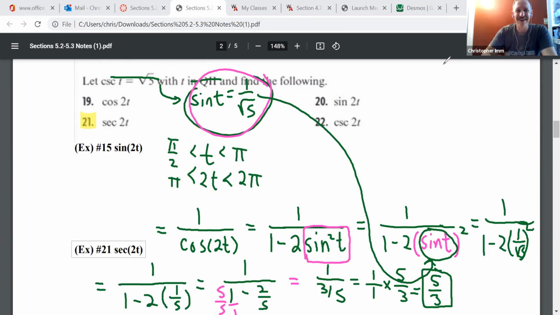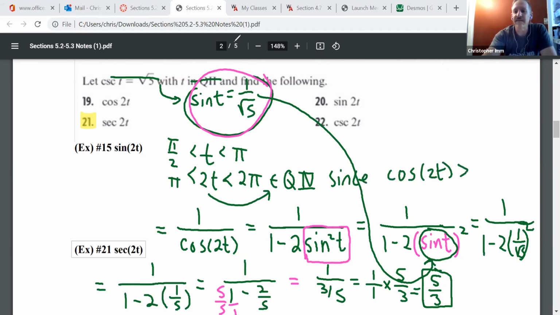Nice job. So 2t is in quadrant 4, since cosine of 2t is positive, because secant is just 1 over that. So that ratio is positive as well.